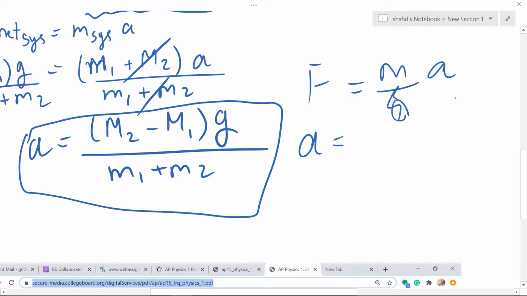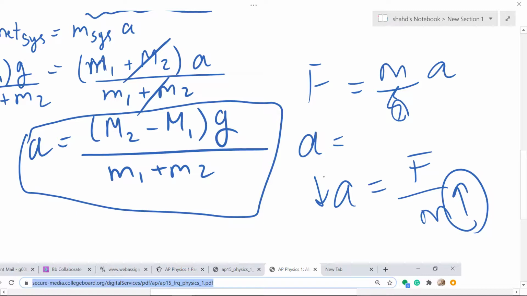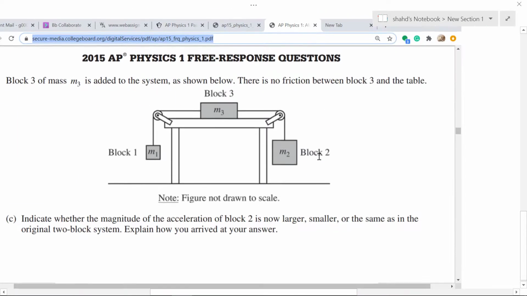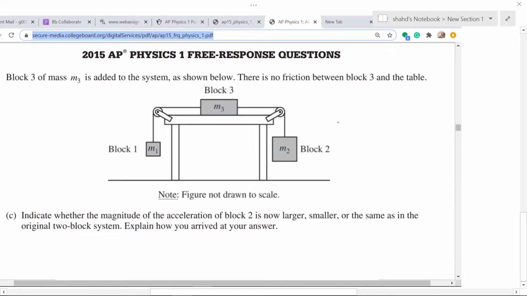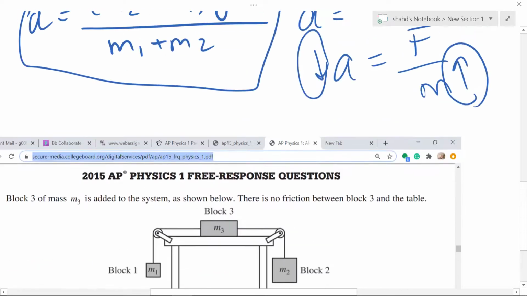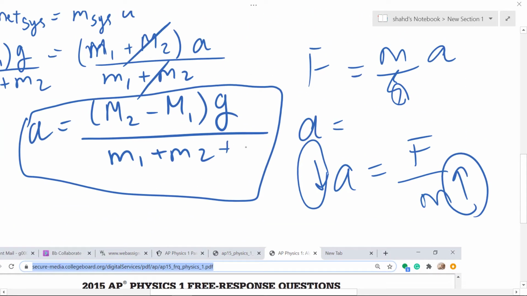ma. So that means that a is equal to the force divided by the mass. So the mass and the acceleration are inversely proportional. As the mass increases, the acceleration decreases, and this is the exact situation that's happening in this case. So we added a mass. Right now, your acceleration is no longer this, it's this plus M3.